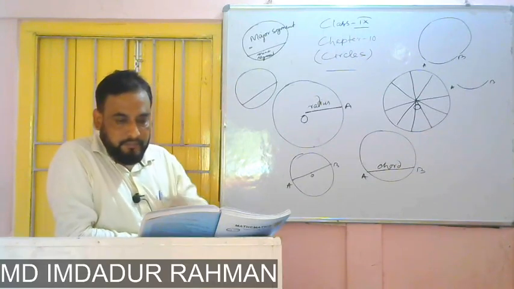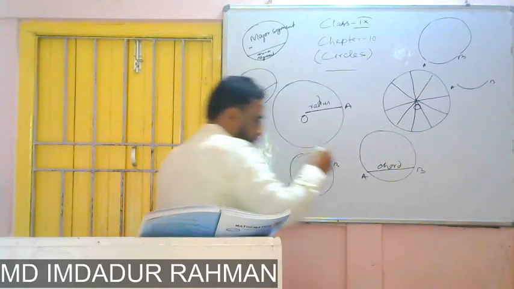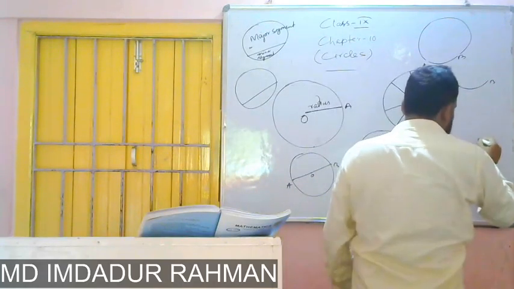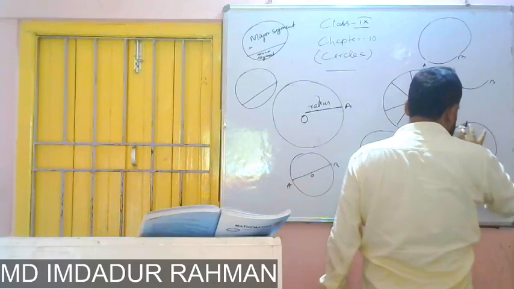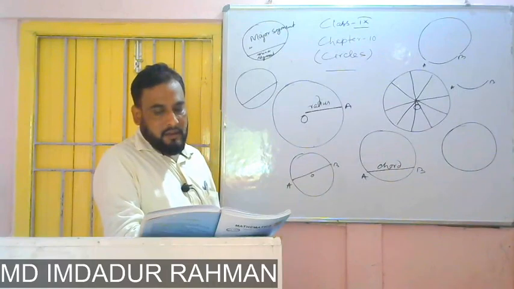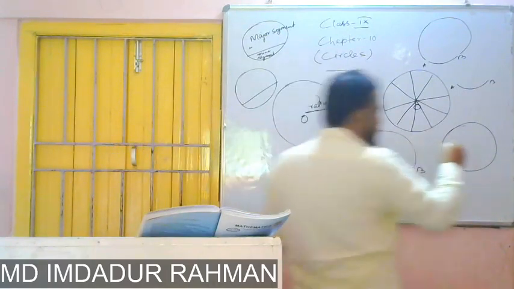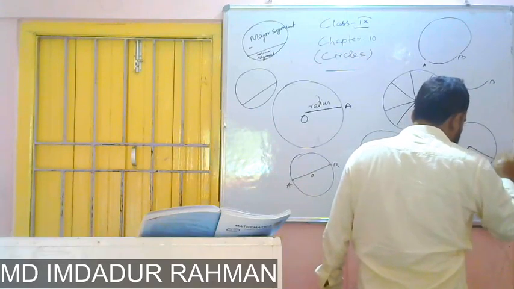Next, sector. If it is a circle, then these two are the radii.